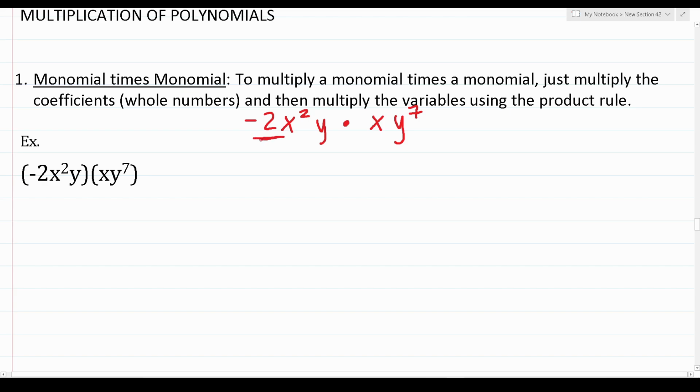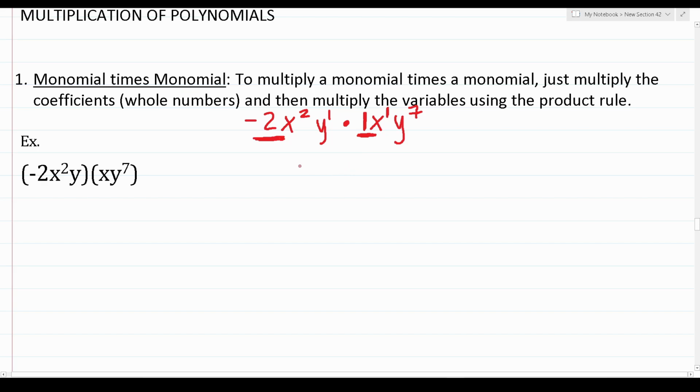We have a coefficient of negative 2 here. What's the coefficient in front of x here? Well, whenever the coefficient's not expressed, it's implied that it's a 1. And likewise, we can add our implied 1 exponents as well. There's no exponent on top of this y, so let's put a 1 there. And there's no exponent above this x, so it's implied that it's a 1.